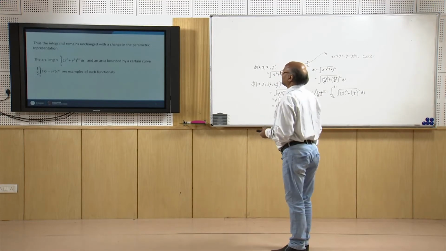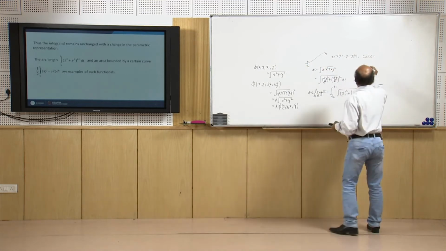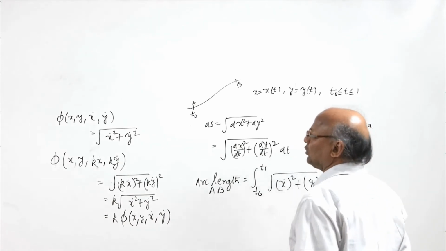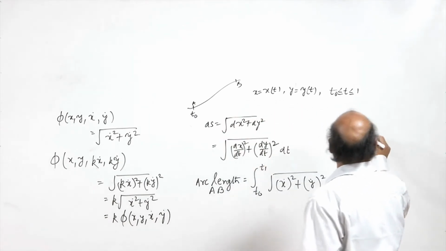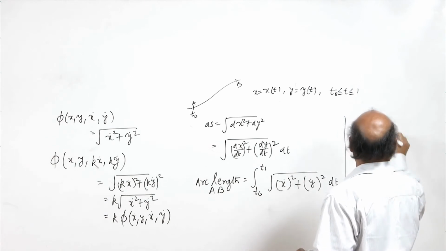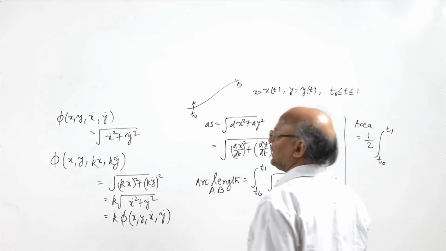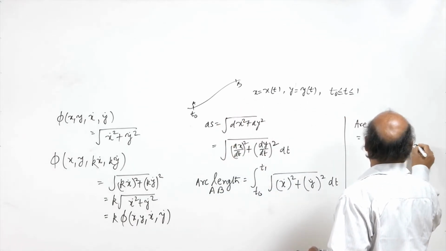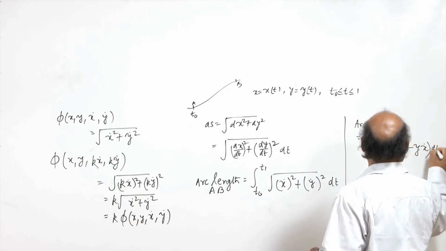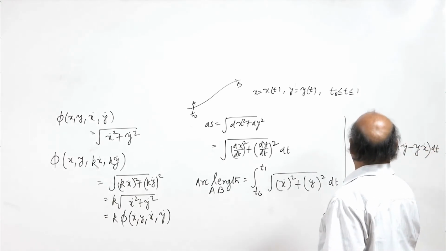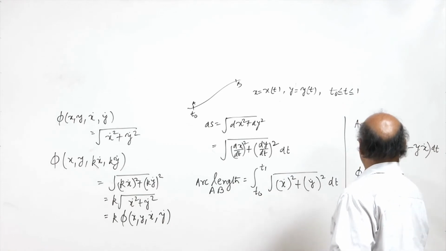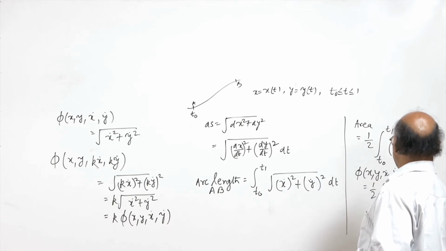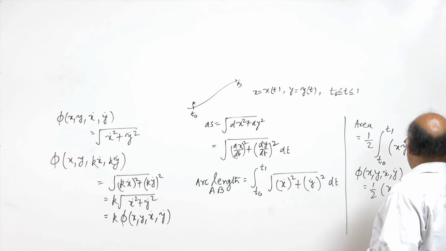Similarly, if you find the area bounded by a certain curve, then the area is given by 1 by 2 times the integral from t naught to t1 of (x y dot minus y x dot) dt. So here phi of x, y, x dot, y dot is equal to 1 by 2 times (x y dot minus y x dot).